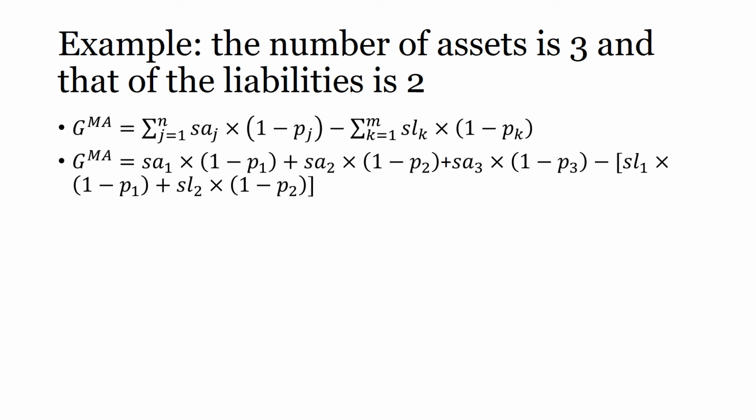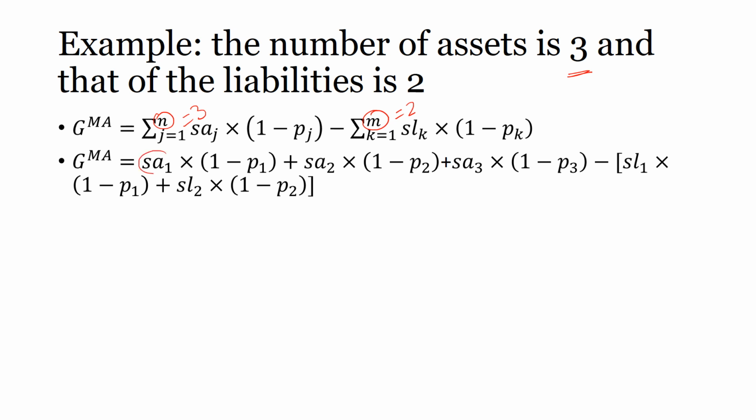Before we move on to solving the question, I'd like to give you an example of how you use this formula in full, I mean how you write it in full without the sum symbol. So let's assume you have 3 assets. This means that your n is going to be 3 and your m is going to be 2. So you have to sum this multiplication for an asset going from 1 to 3.